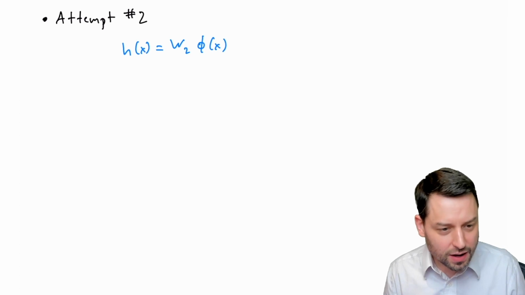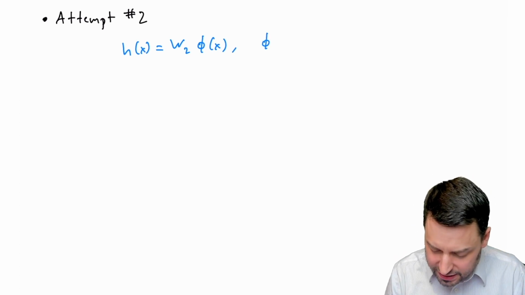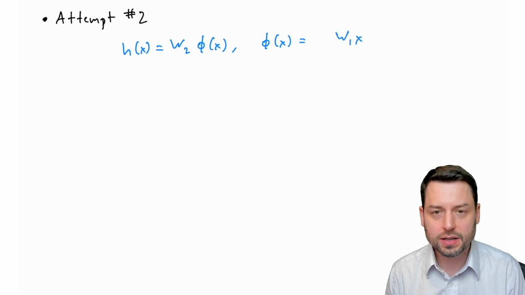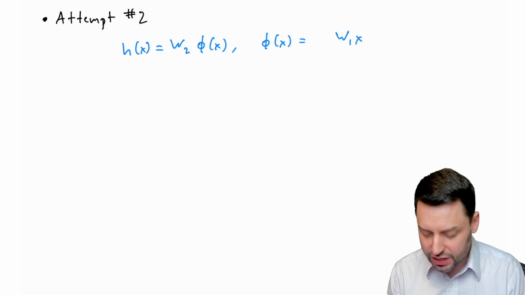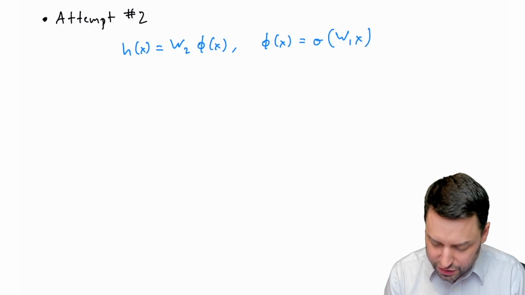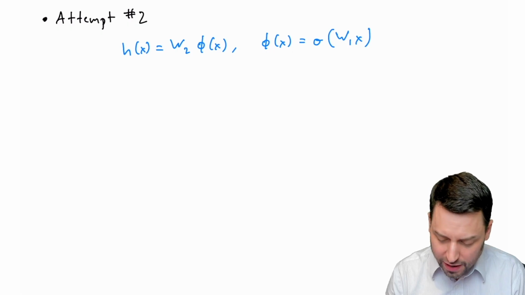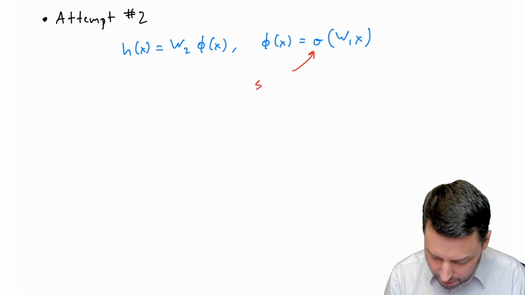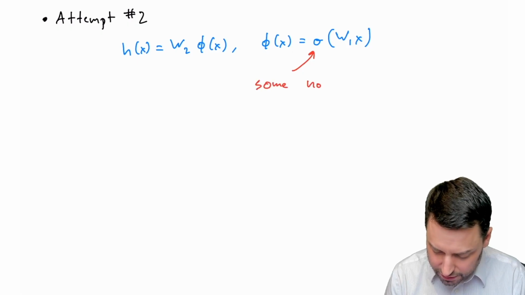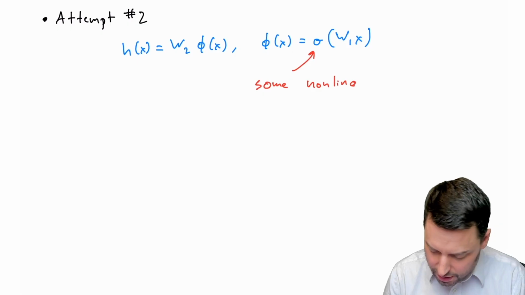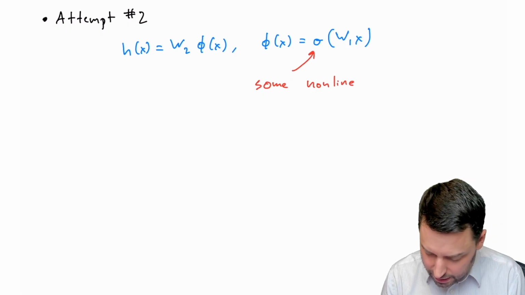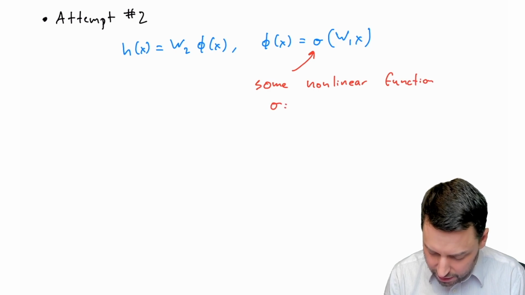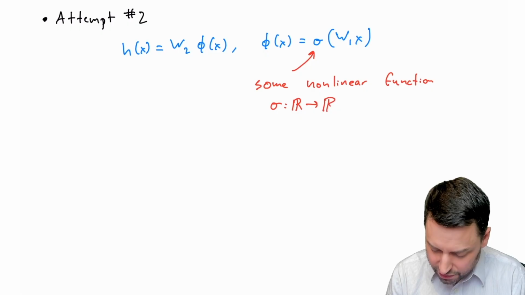But I'm going to set phi of x equal to W1 times x, but I'm going to additionally apply some function sigma, where sigma is some nonlinear function mapping scalar values to scalar values.